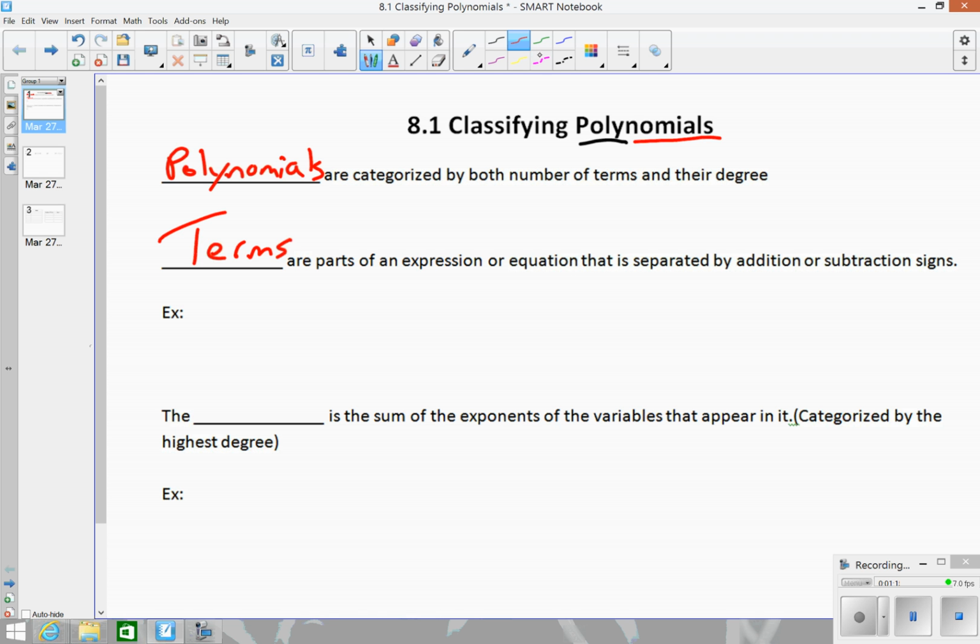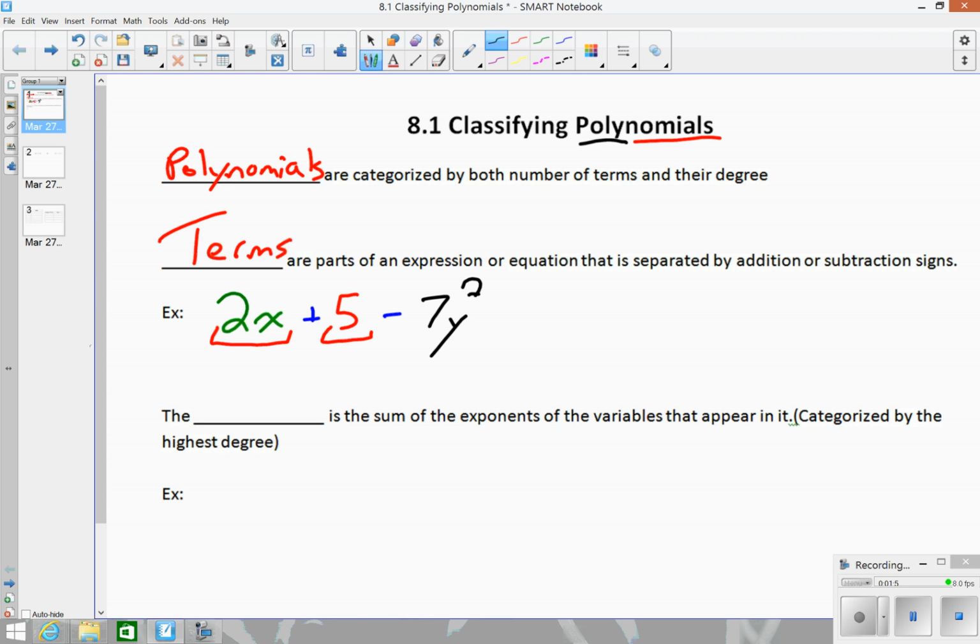So simply, if we had, let's say, the term 2x, right? That's one term, right? And then if I had, let's say, plus 5, right? I have 2x as one term, and I have 5 as another term, okay? Let's say we had another term as in, 7y squared, right? 7y squared.